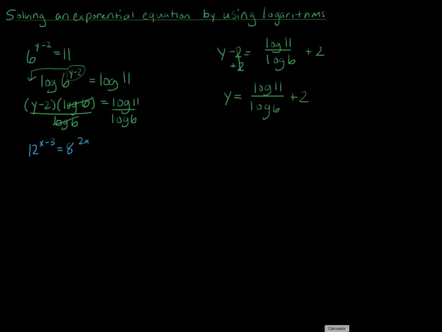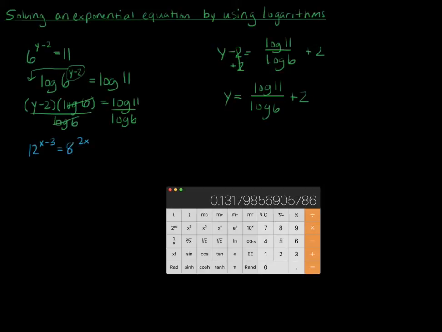If you're looking for a decimal approximation, you can take out your calculator and do log base 10. It wants me to do 11 log, and then it wants me to divide by 6 log equals, okay, plus 2.